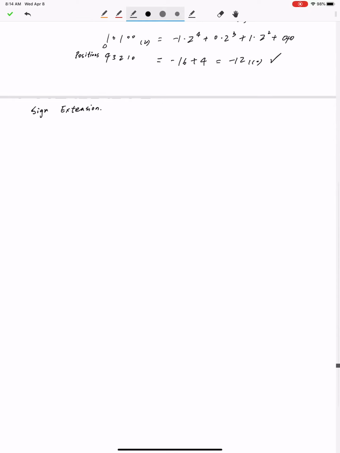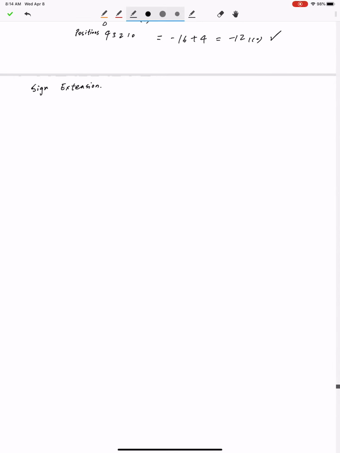Sign extension actually is a very simple idea. For instance, sometimes the question asks you to write an 8-bit signed binary number. Okay.